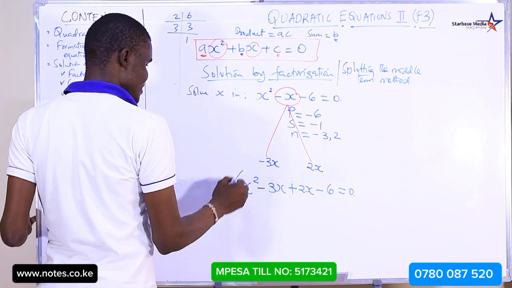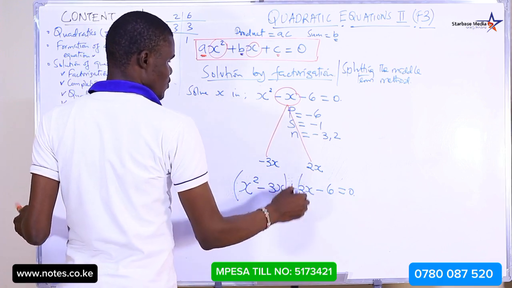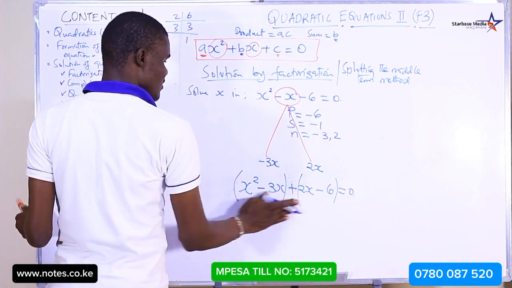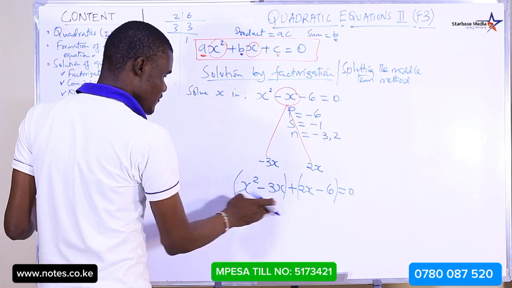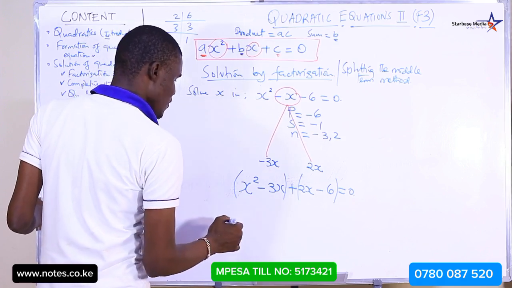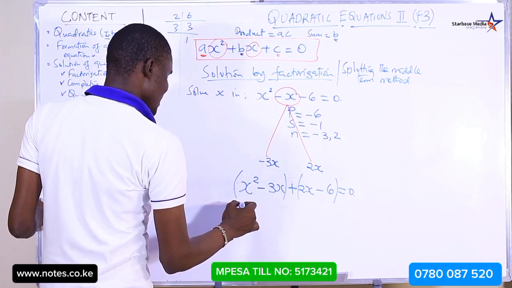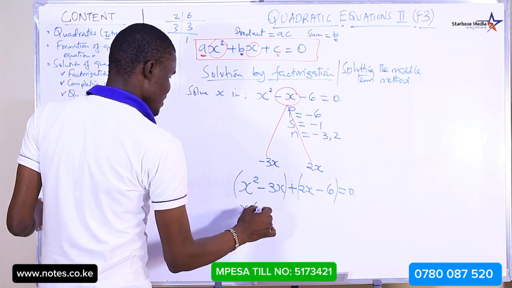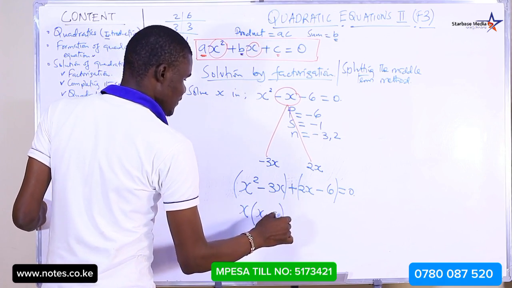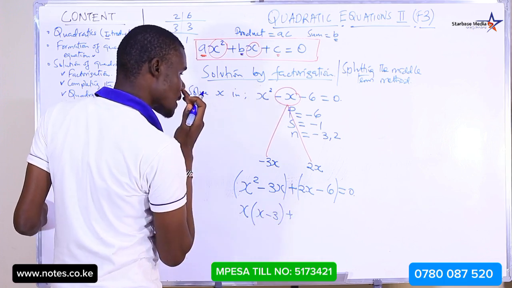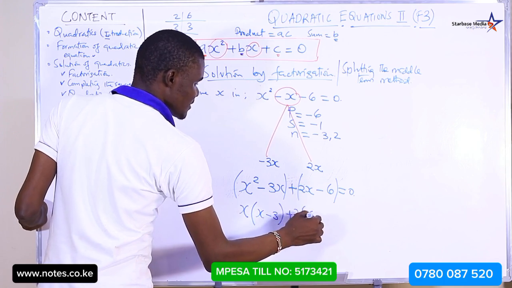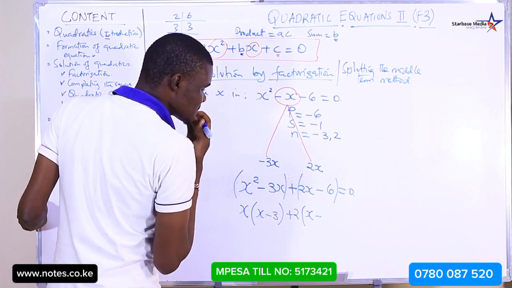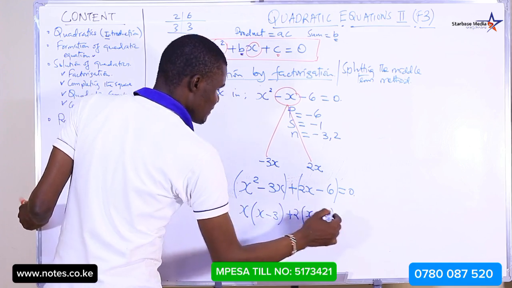Then I factorize in pairs, because we know that quadratic equations have two roots, so you factor in 2 pairs. And then you ask yourself, in the first pair, what is the common factor? The common factor there is x, so we have x minus 3. Then you say plus, you go into the second one, you realize that 2 is the common factor, and you say x minus 3. Very good.